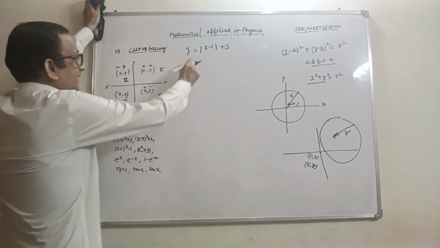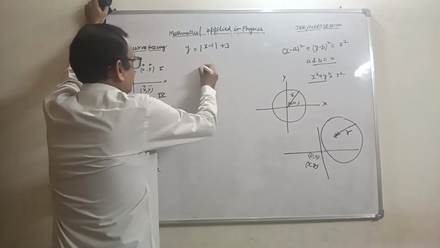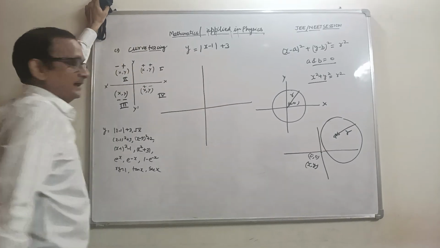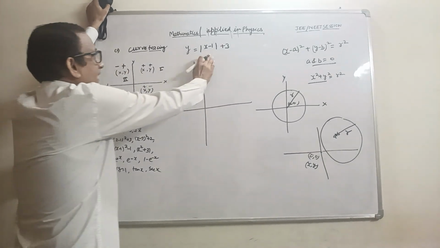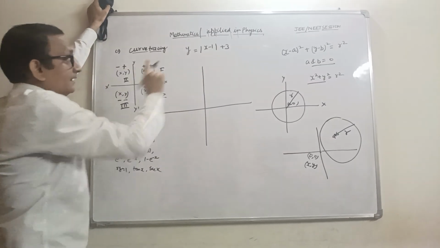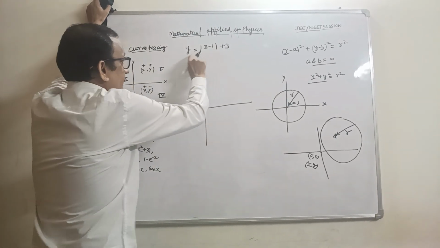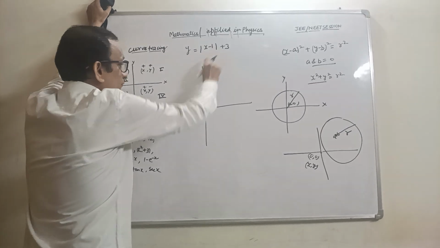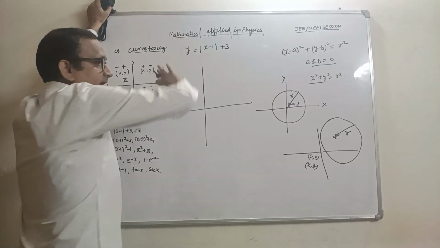Similarly, in this scenario, this is the equation of a line, y is equal to mx plus c. But here there are two values. Mod means the curve should be in this direction and this direction also.